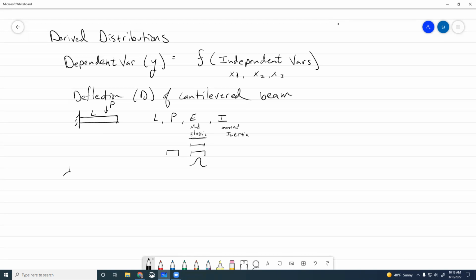So we'll say, what if E and P, so P could be the magnitude of that load, are random variables with their own distributions.